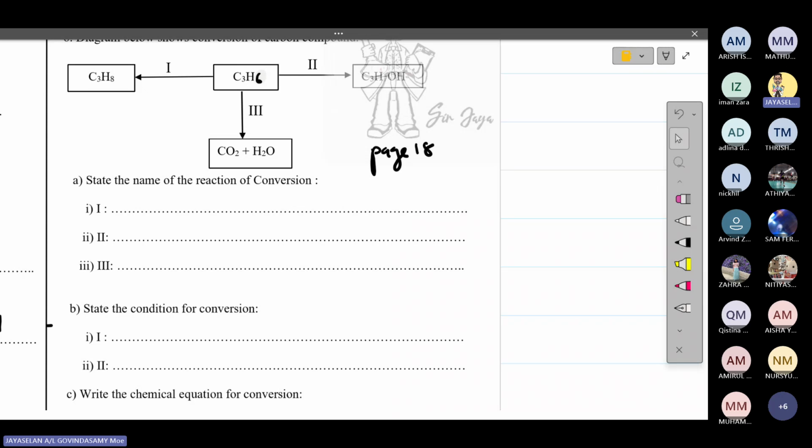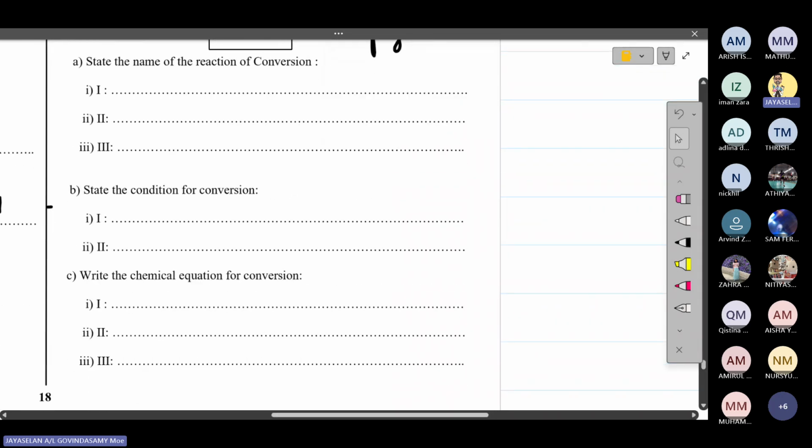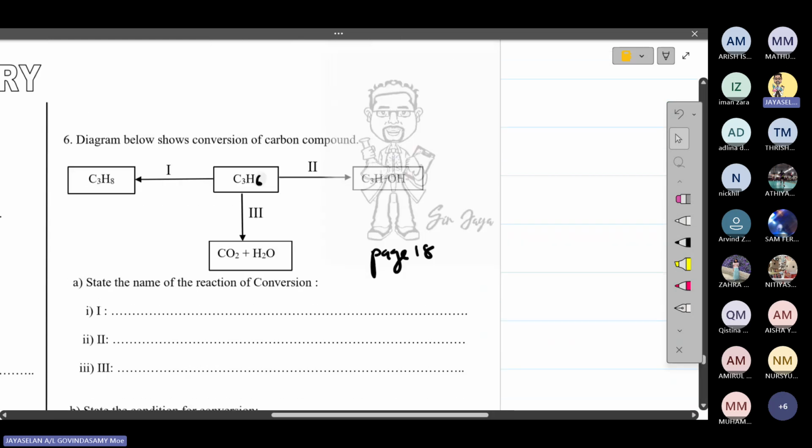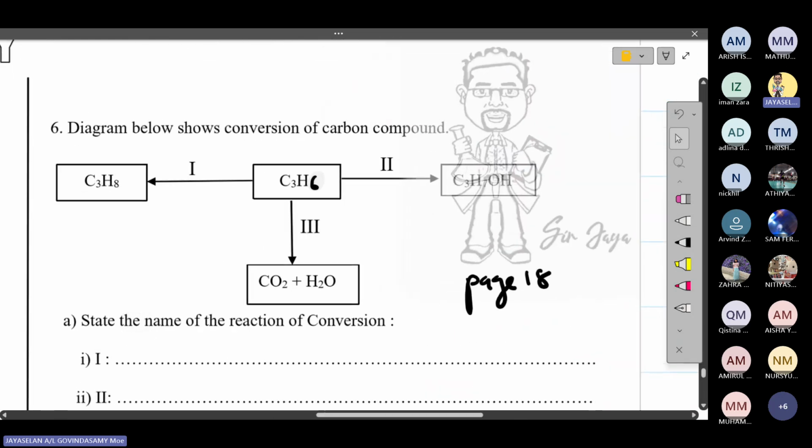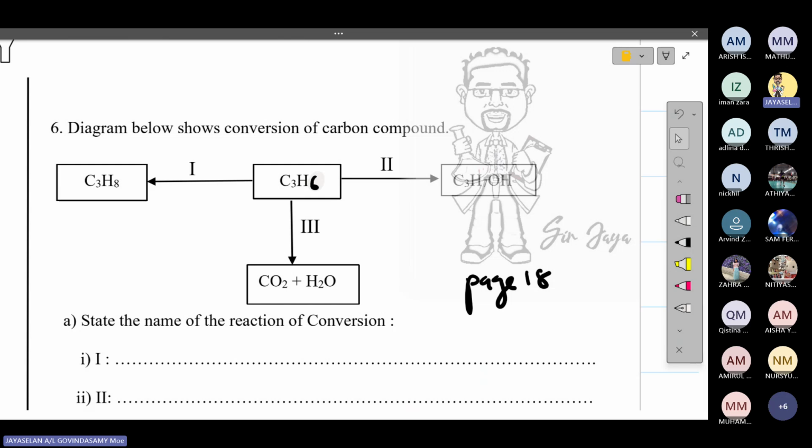Okay, B done. Now C. Conversion number 1, number 2, number 3. You only need to do the equation. First, state the name of the reaction for conversion 1, 2, 3. Second, the condition for 1 and 2. 3 no need. Third, write down the equation for conversion 1, 2, 3.